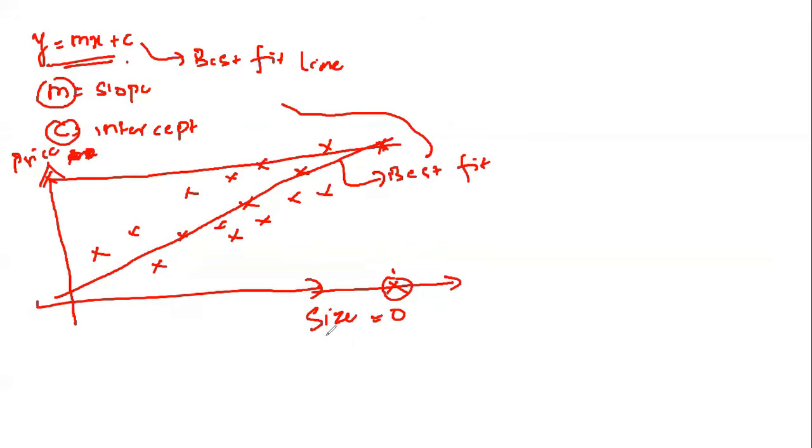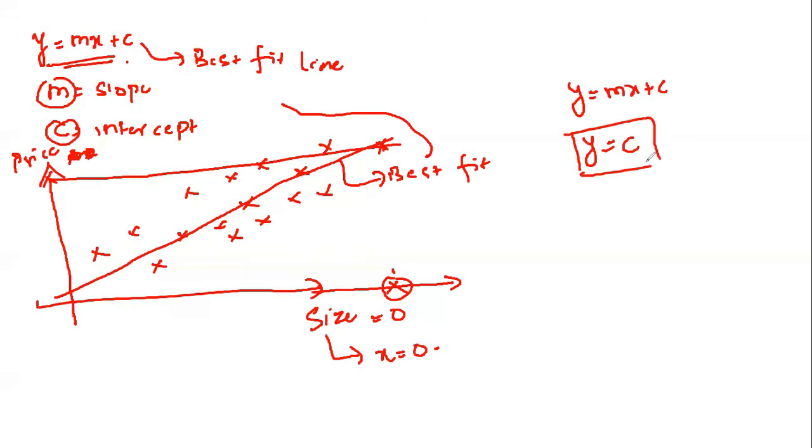Now over here, when I consider the size, I am basically considering that my x value is 0. So if my x value is 0 and I put it in this equation, my y will basically be c, which is the constant or the intercept.